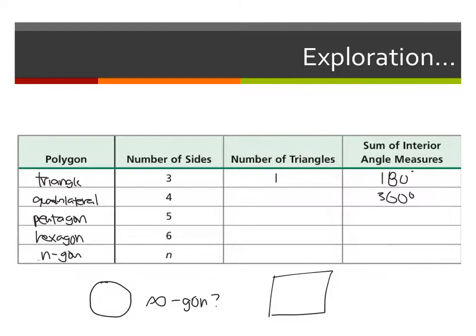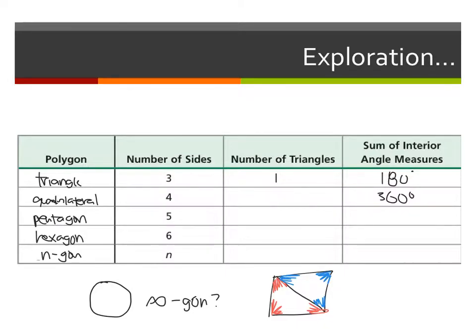But here's a really neat way to look at the sum of the interior angle measures within a quadrilateral. Check this out. If I were to cut this quadrilateral into two triangles, the sum of the angle measures of the red angles over there is 180, right? And the sum of the angle measures for the blue angles from the triangle on the right is 180, right?